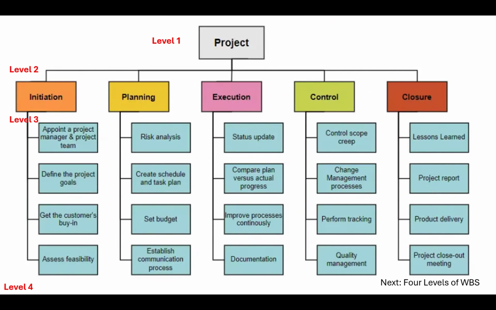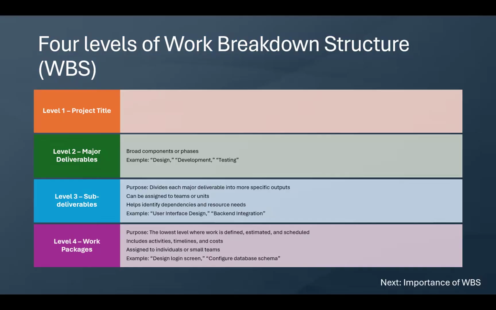This is an example of a work breakdown structure. Level 1, your title. Level 2, the different parts. Pretty global still. Level 3, and there's a level 4. So there's 4 levels of a work breakdown.